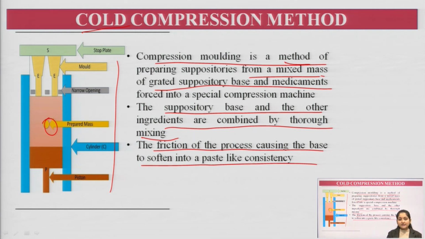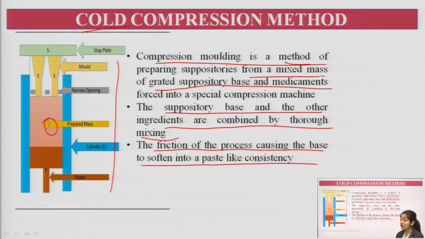When we are triturating or mixing the medication and the base, there is a slight generation of heat, and due to this only, complete mixing occurs and a soft paste-like consistency results. So no heating is happening in this process, which is very important, because we are completely refraining from using heat.